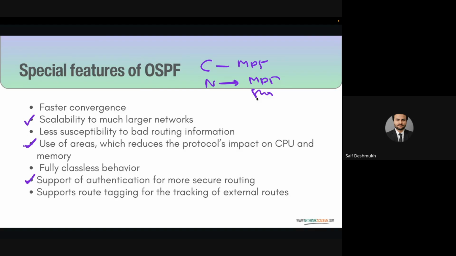You can also opt for plain authentication with no encryption and no hashing, or vice versa. Just like in EIGRP, you can also tag your external routes to avoid routing loops. So if you just cover the LSAs, you'll understand how well this routing protocol is made.